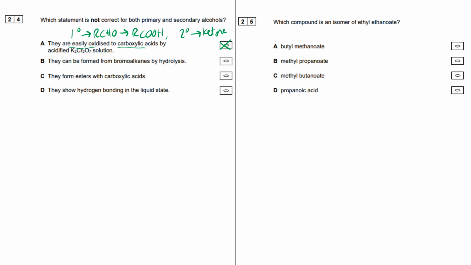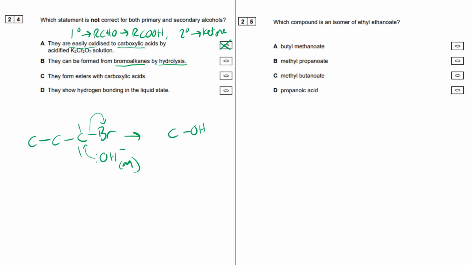So they can be formed from bromoalkanes by hydrolysis. So if you have a primary haloalkane or primary bromoalkane, if you've got hydroxide ions present, hydroxides act as a nucleophile, the CBr bond is broken, the hydroxide hydrolyzes the CBr bond, and you will get a primary alcohol formed if it's a primary haloalkane.